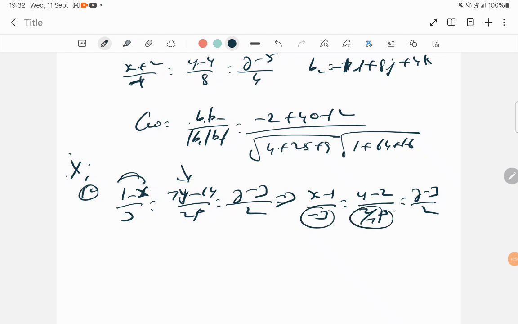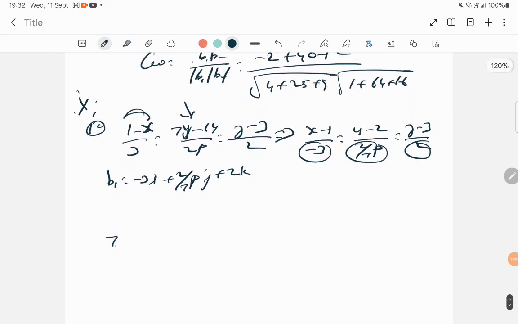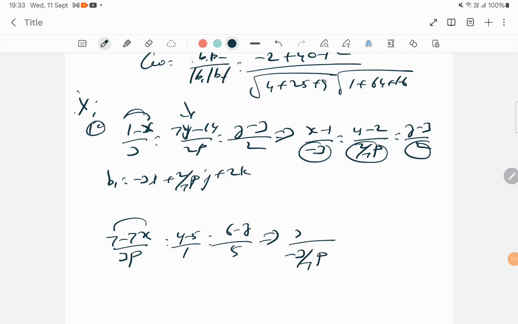So then therefore I'll get my b1 vector. What is my b1 vector? It is -3i + (2/7)p j + 2k. Next is (7 - 7x)/(3p) = (y - 5)/1 = (6 - z)/5. I don't need it in that format. 7 has to be taken out and x has to come forward, so minus 7, so -3/(7p) into (x - 1). (y - 1)/5 = (z - 6)/(-5).